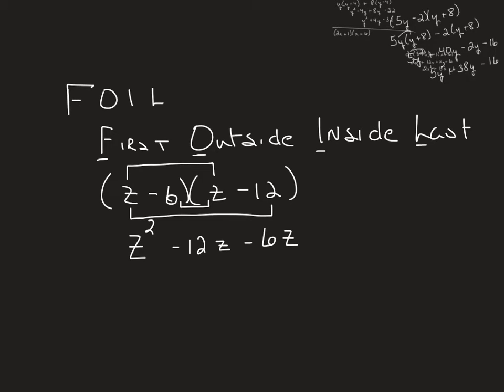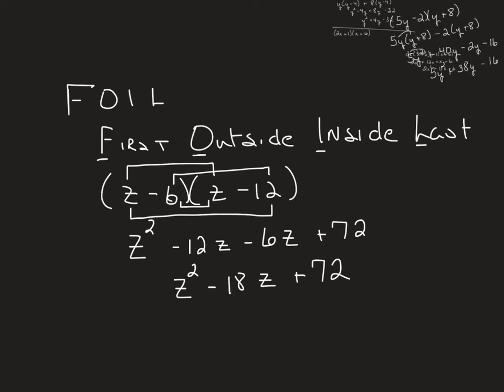And then the last two terms together. Negative 6 times negative 12 is a positive 72. So we combine like terms, z squared minus 18z plus 72. Notice I put the little line through my z so I for sure know it's not a 2.